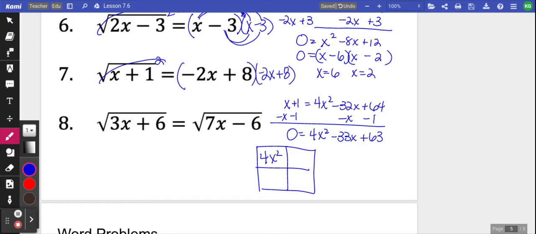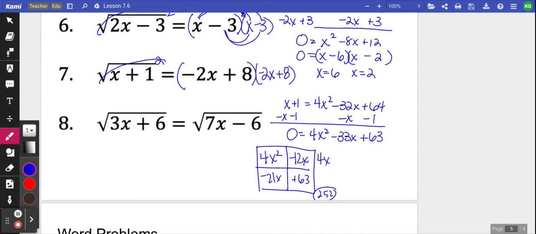So 4x squared times 63 is 252. I need factors of 252 that add up to 33. That's not it. 21 and 12. Sign chart both minus.